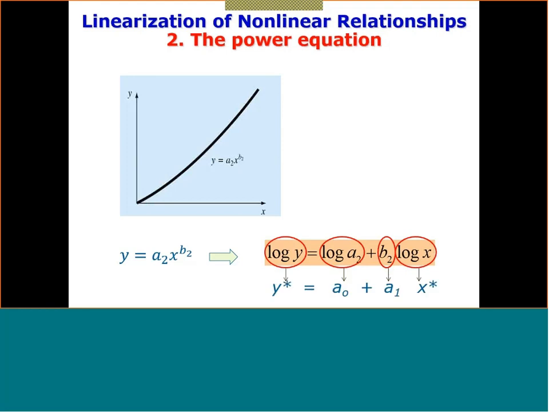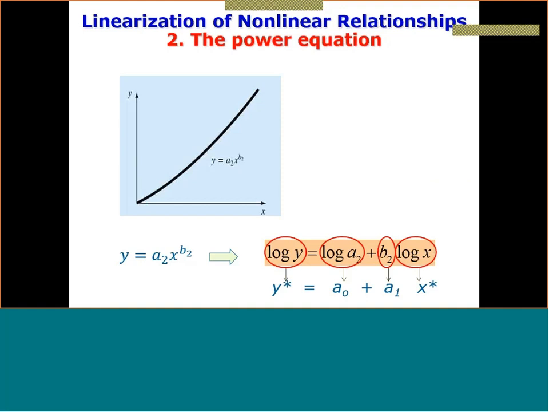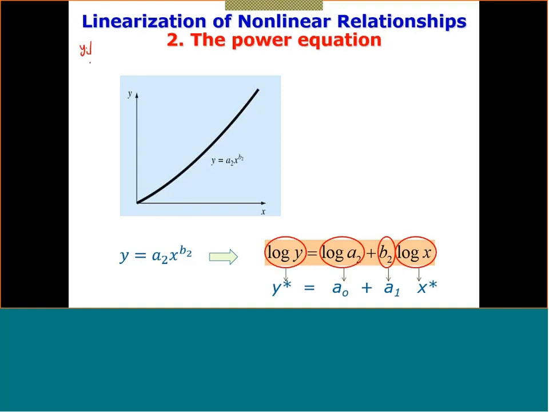Now, there's a question here asking whether the log has a base of 10. Yes, this is the base of 10, exactly. Okay, so if I go back to my data here, I will have the original data, which is my y of i and my x of i. This is my original data. I will find y star, which is log of y, and then I will find x star, which is log of x.